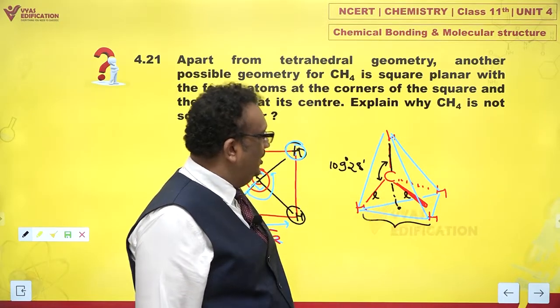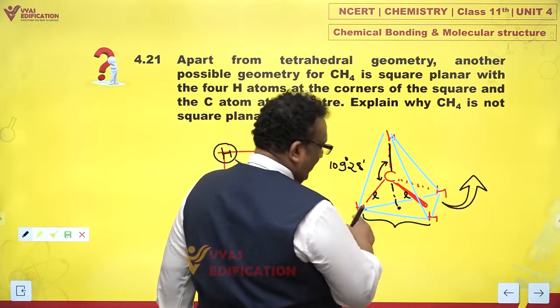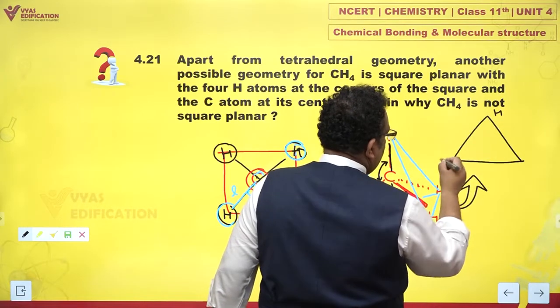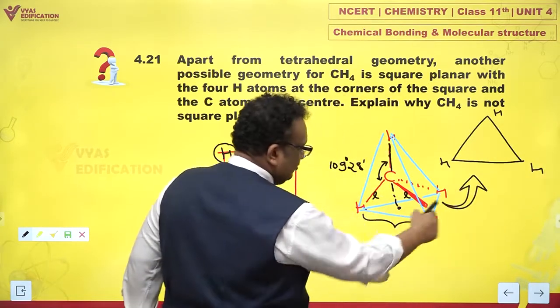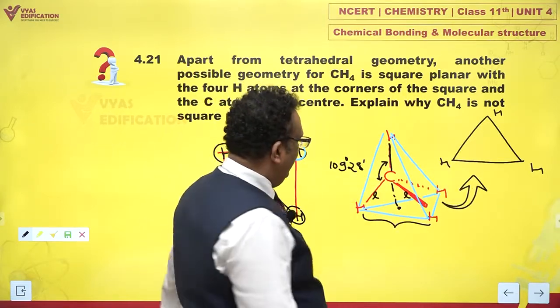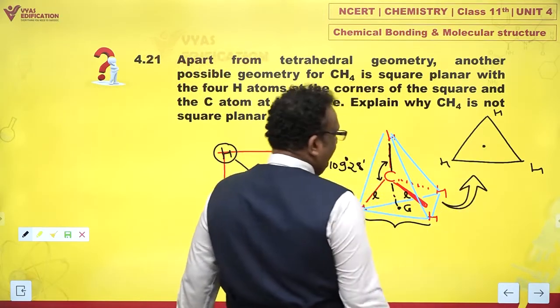Okay, so just for the sake of clarity, let me draw this triangle again here. H, H, H. This triangle, I'm looking from top, and this is what I'm seeing. This is centroid G, if you might call it G, fine.